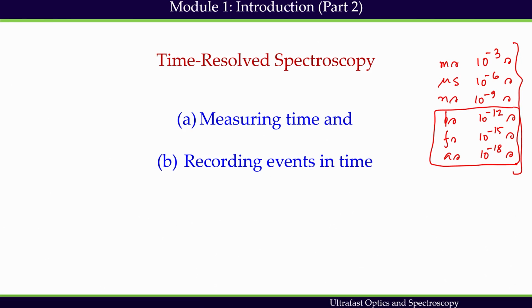If we consider any time resolved measurements, that will include two important measurement elements. The first one is, in any time resolved measurement, we measure time either directly or indirectly, and then we record events in time.